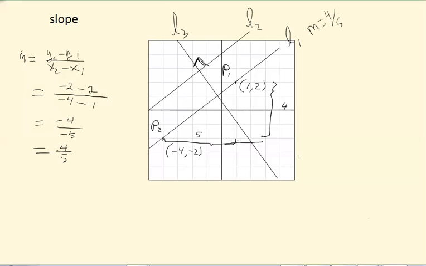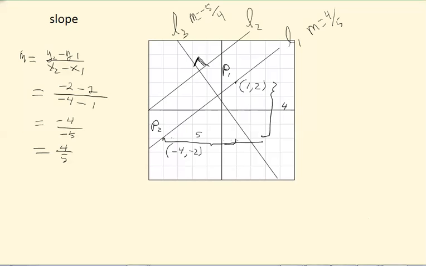Well, line 3 over here, its slope will be negative 5 over 4. You can kind of see how they just reverse roles. The change in the x becomes a change in the y and vice versa. So that's how you know you have perpendicular lines.